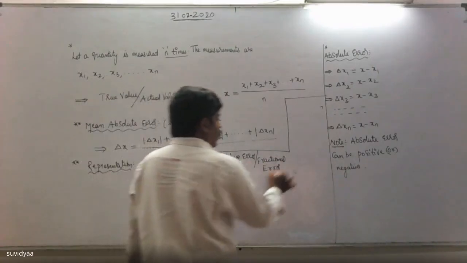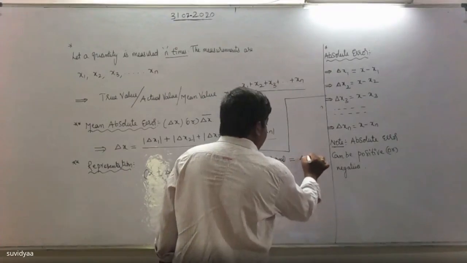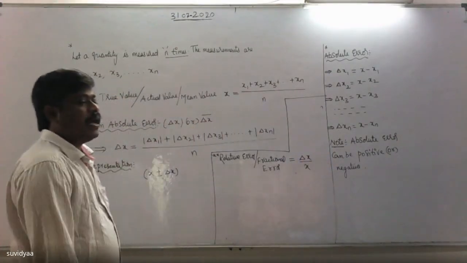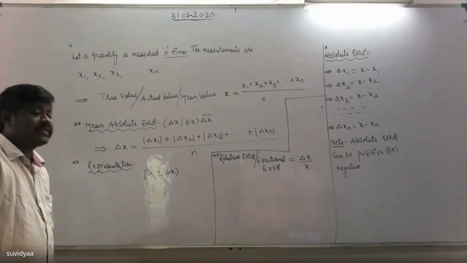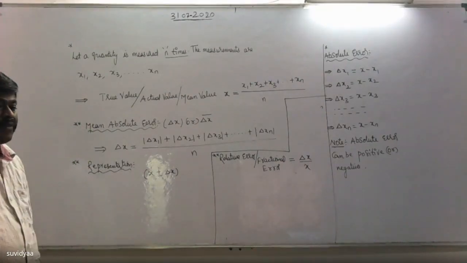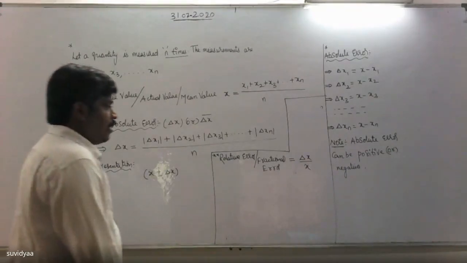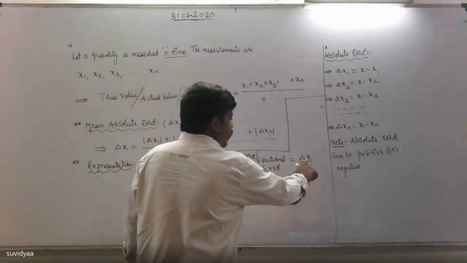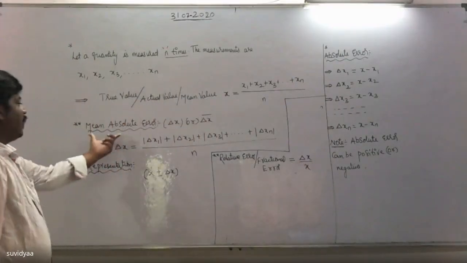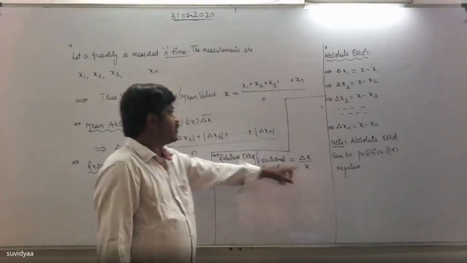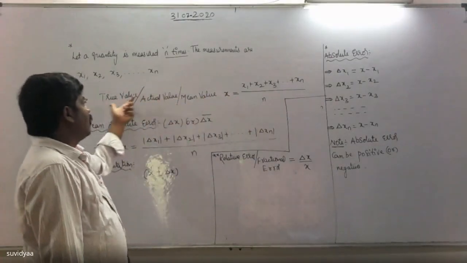What is the formula? The formula is delta x upon x. Delta x upon x is the formula for relative error or fractional error. Understood? Simple. What is delta x? Delta x is nothing but mean absolute error. What is x? X is nothing but true value.